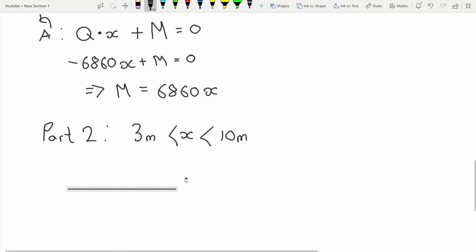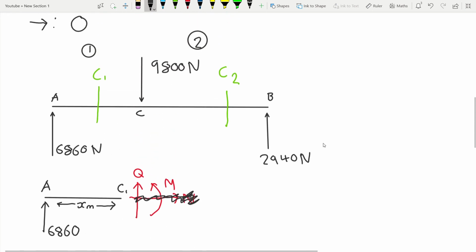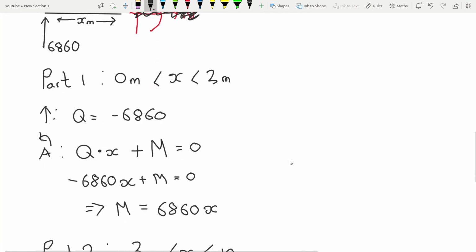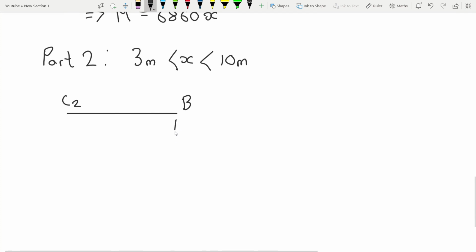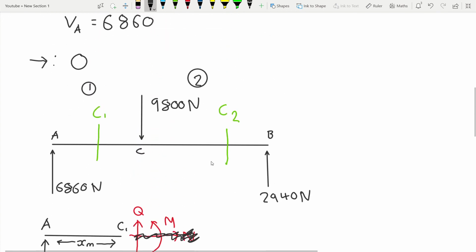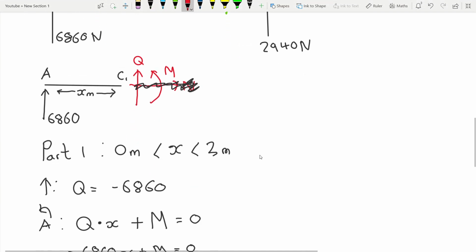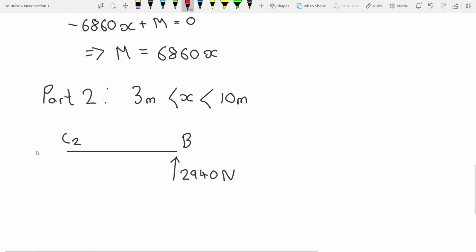So this point here, we've got point B and point C2. At point B, 2,940 newtons. And at the section cut C2, we've got our internal forces again, but they're facing the other way, the negative face. So our Q is now acting downwards.